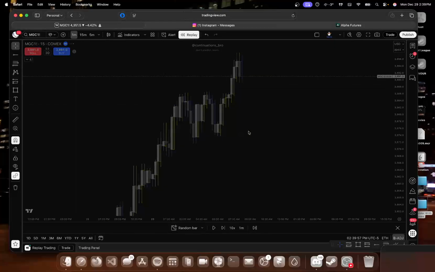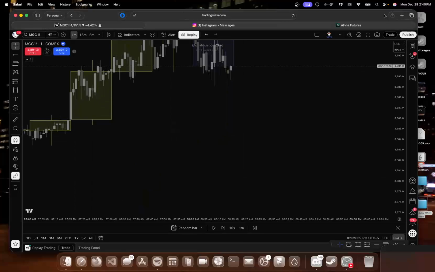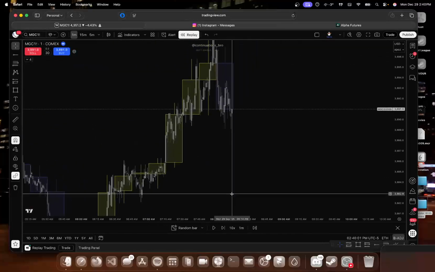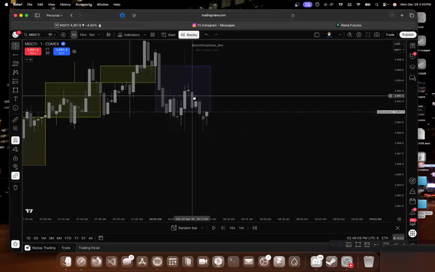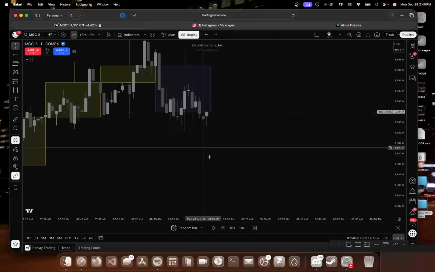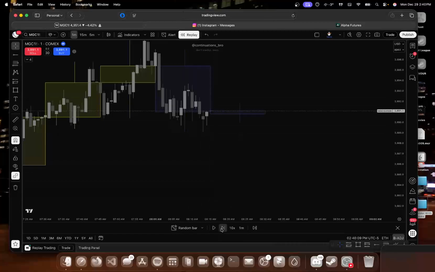Okay, 15-minute CISD. I'm going against the high time frame trend here, or just the general trend. If you look at the 15-minute, it's trending up. I'm going against the trend, so you could be more conservative on this. Like I could take 1R instead of the regular, which is 2R.